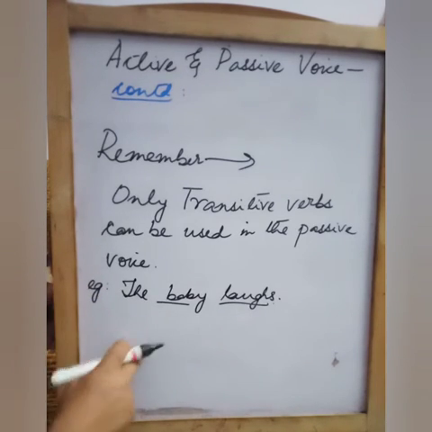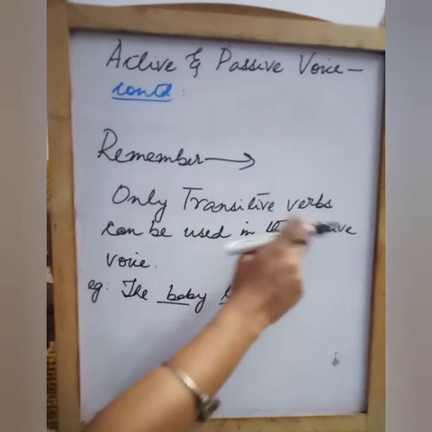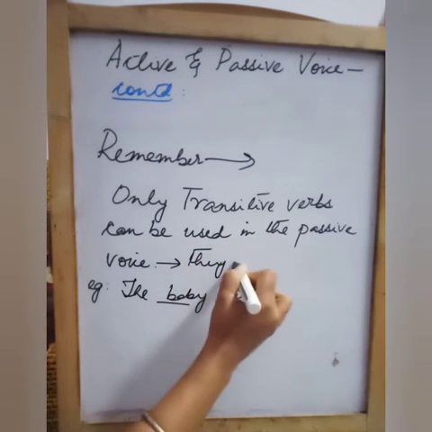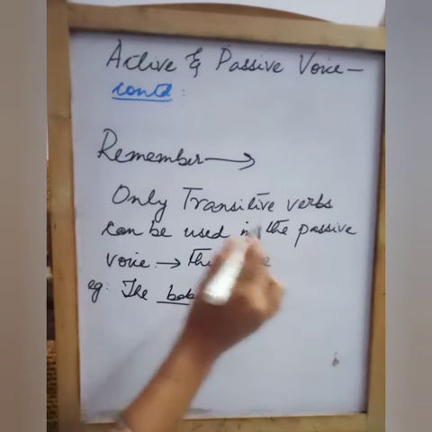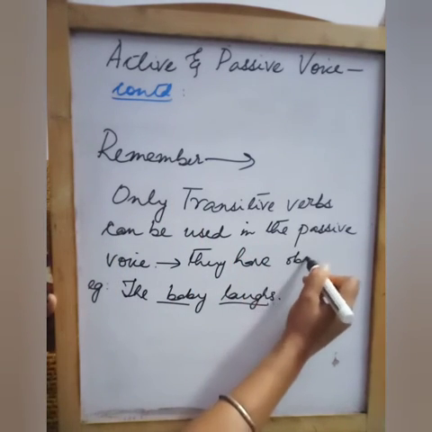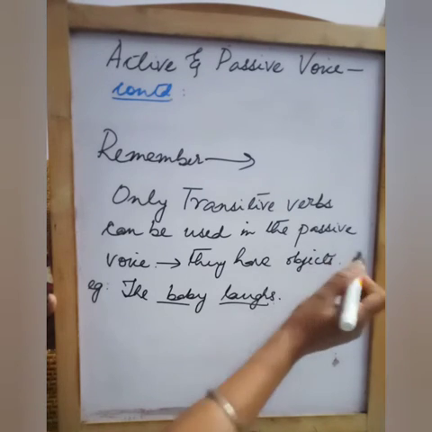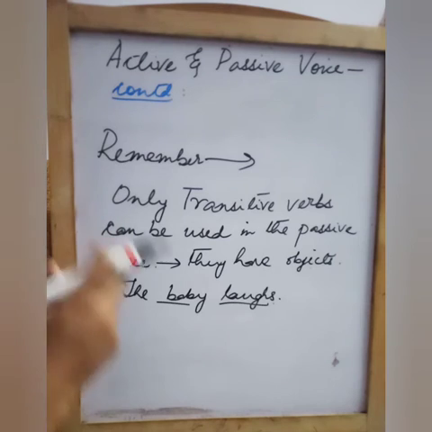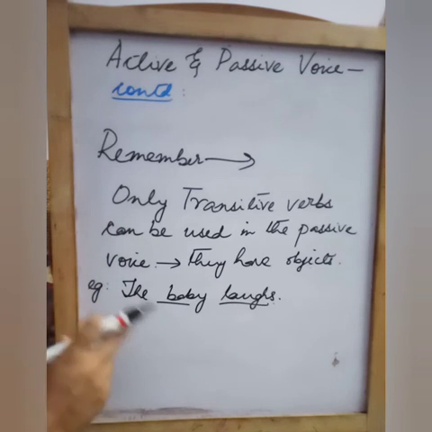Hence it is said only transitive verbs can be used in the passive voice, because they have objects. The sentences which have transitive verbs also have objects, and to change a sentence from the active voice to the passive voice, you have to have an object, isn't it?